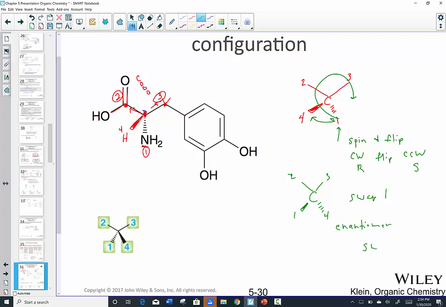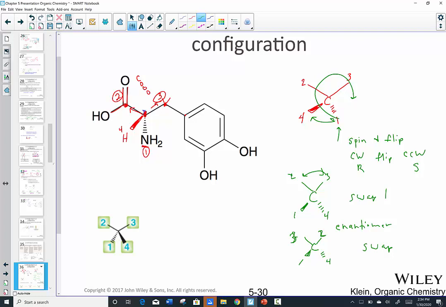So we need a second swap. Leave 1 and 4 where they are, and now swap 2 with 3. Swap 2 and 3. So now we get 3 and 2 in this direction.